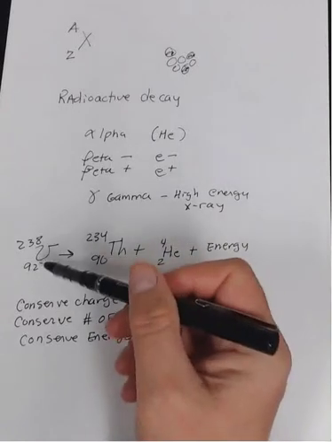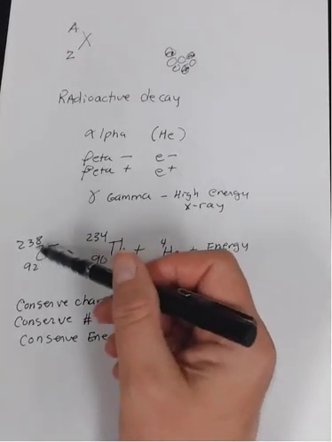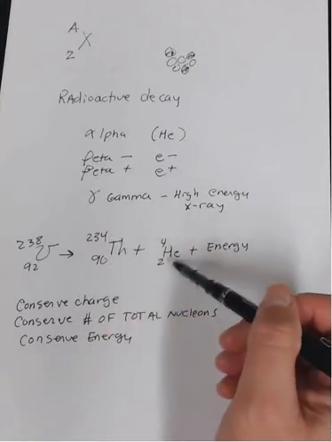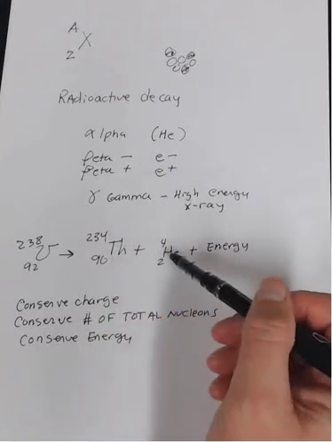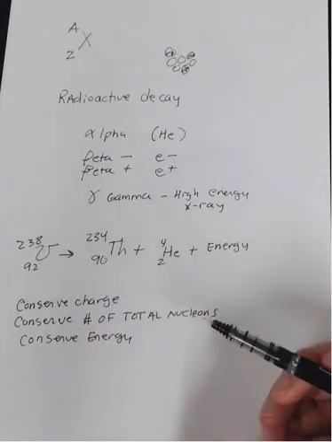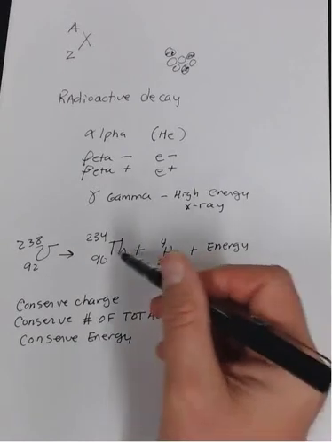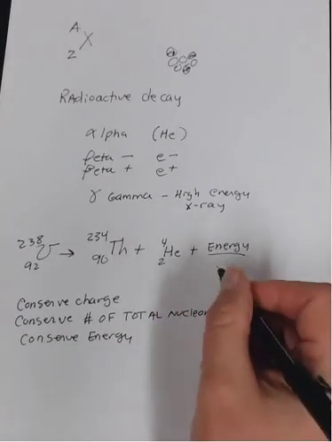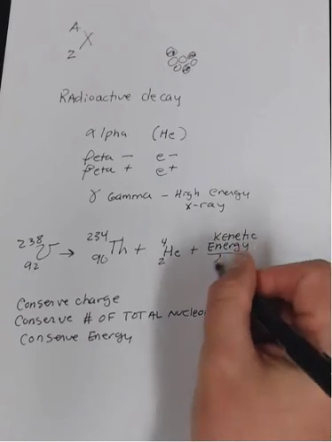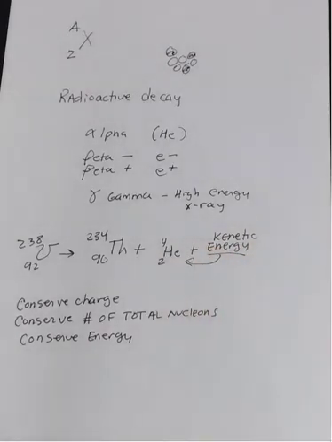If you look at the total binding energy of U-238, and then you look at the total binding energy of thorium plus helium, there is less binding energy total than U-238. So where does the rest of that energy go? It goes off into kinetic energy, mostly of the helium atom in this case.